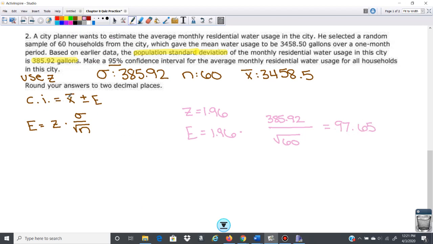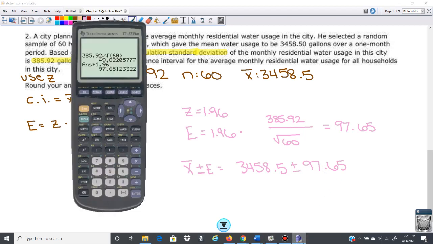So my confidence interval is going to be X bar plus or minus my margin of error. My X bar is 3,458.5, so 3,458.5 plus or minus my margin of error, 97.65.